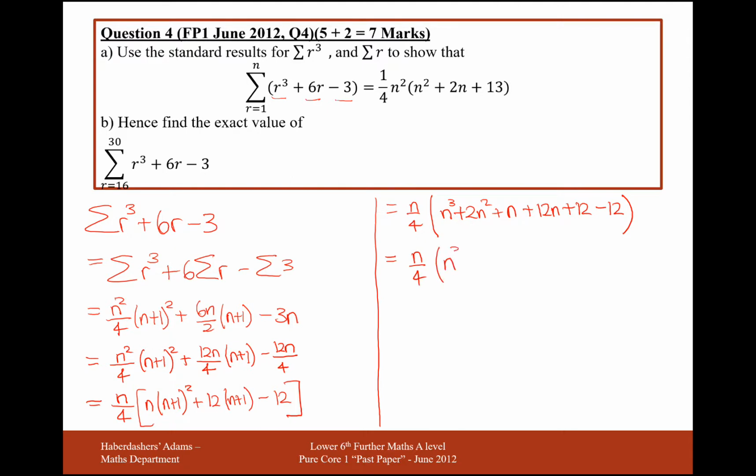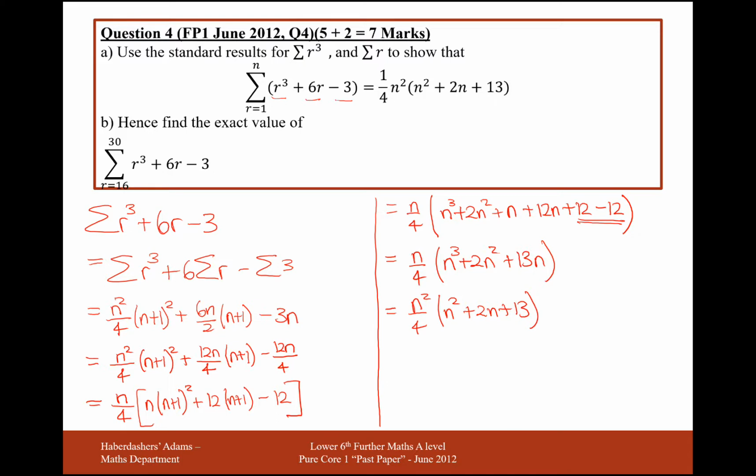So n cubed plus 2n squared plus 13n. Let's just have a brief look at what we've got to turn it into. So we're nearly there. All we've got left now is to pull out one of these n's to the front. You can see here that the 12 and the minus 12 have cancelled out. So it'll be n squared plus 2n plus 13. Great, so that's what we need for part A.